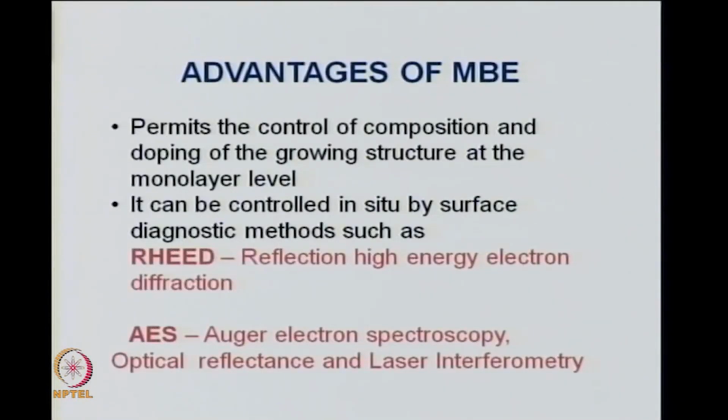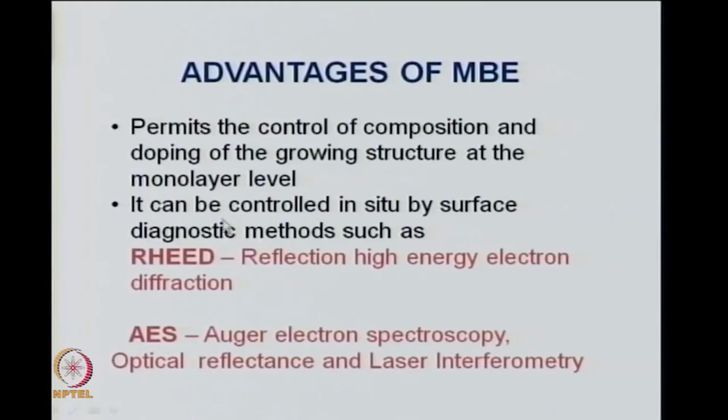The advantage of the molecular beam epitaxial method is that it permits the control of composition and doping of the structure at the monolayer level. That means you can get a single monolayer with the right composition, with the right epitaxy, using the MBE technique. It is also advantageous because it can be controlled in situ by surface techniques.